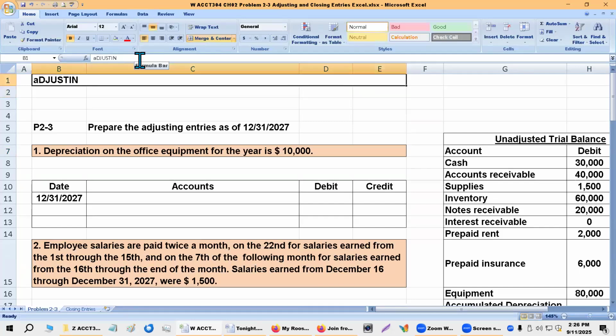Adjusting entries always have either a revenue or an expense in it.